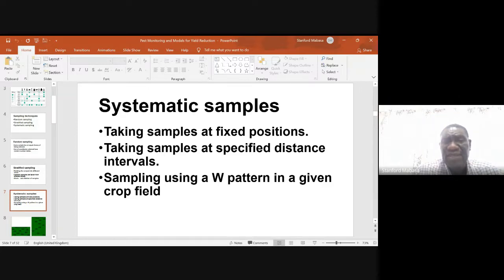Now, sampling can be done using a W pattern in a given field. So you can move in a sort of zigzag way, sampling these insects.